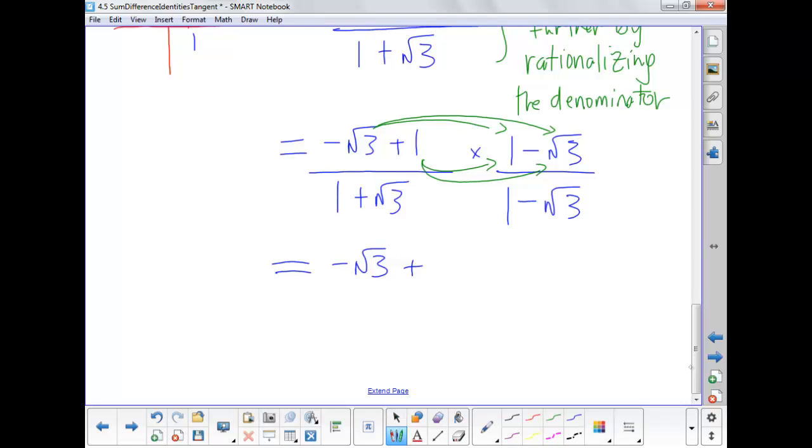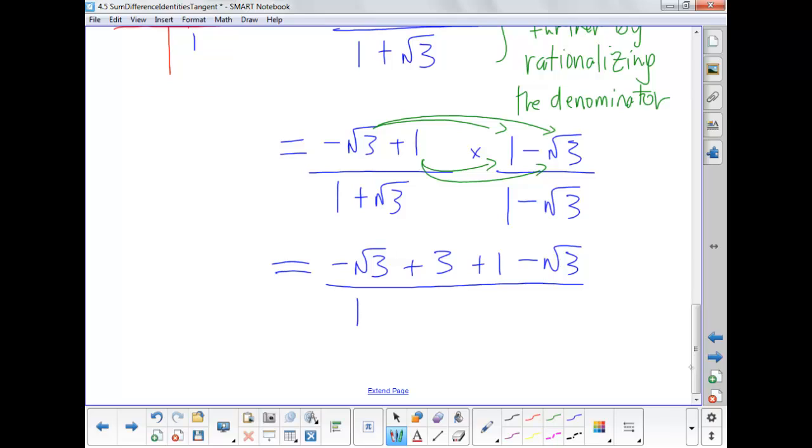Now negative root 3 times negative root 3, first of all, would be a positive term, but if I do a square root times itself, I can simply drop the square root sign. Okay, so now I would have 1 times 1, so I'm going to be adding 1, and then I have to subtract root 3. Now on the top, we've got that taken care of.